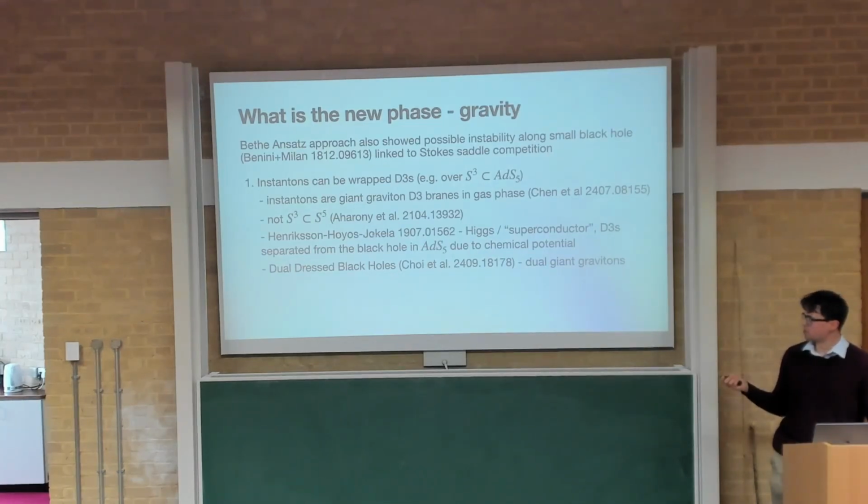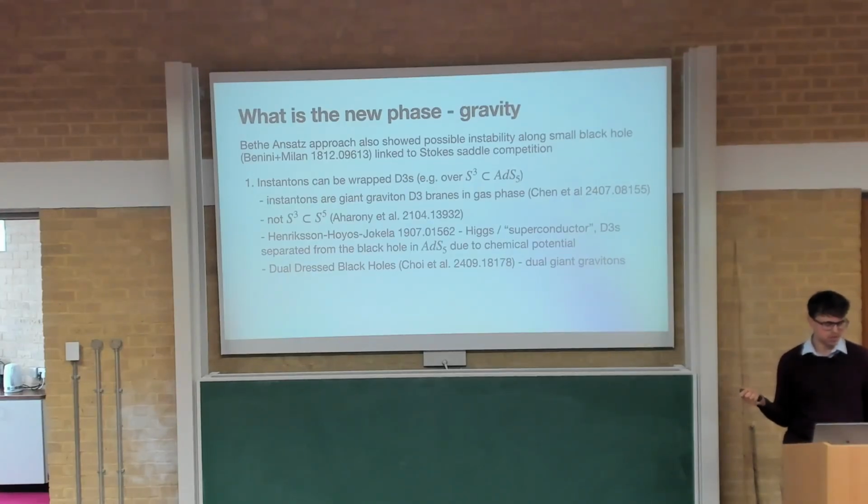And there are some results which have black holes with this kind of instability with dual giant gravitons. There's this one in which these D3 branes separate from the black hole and wrap in an S3 around the AdS5 due to a chemical potential.